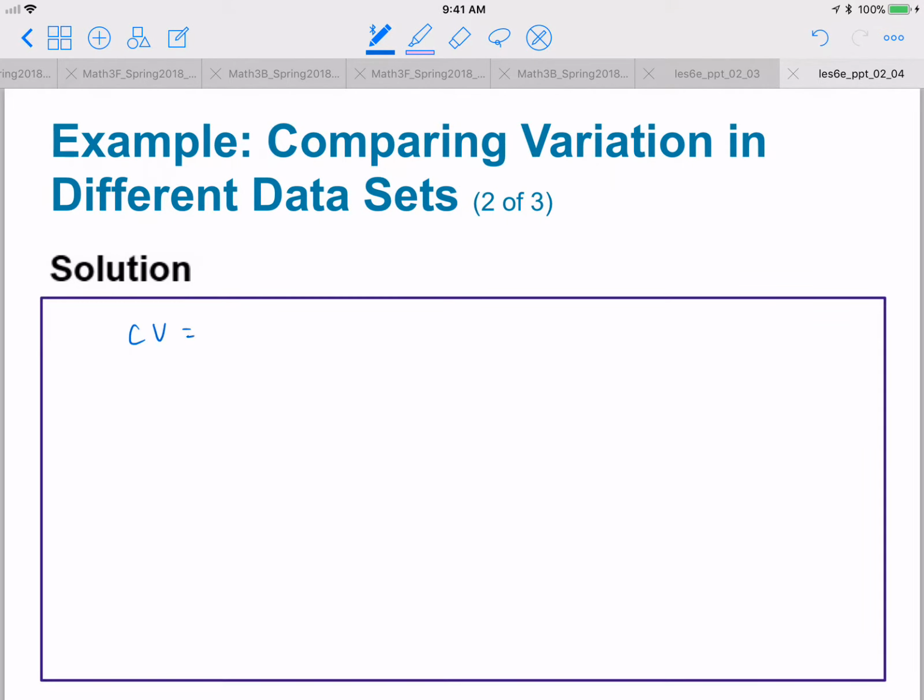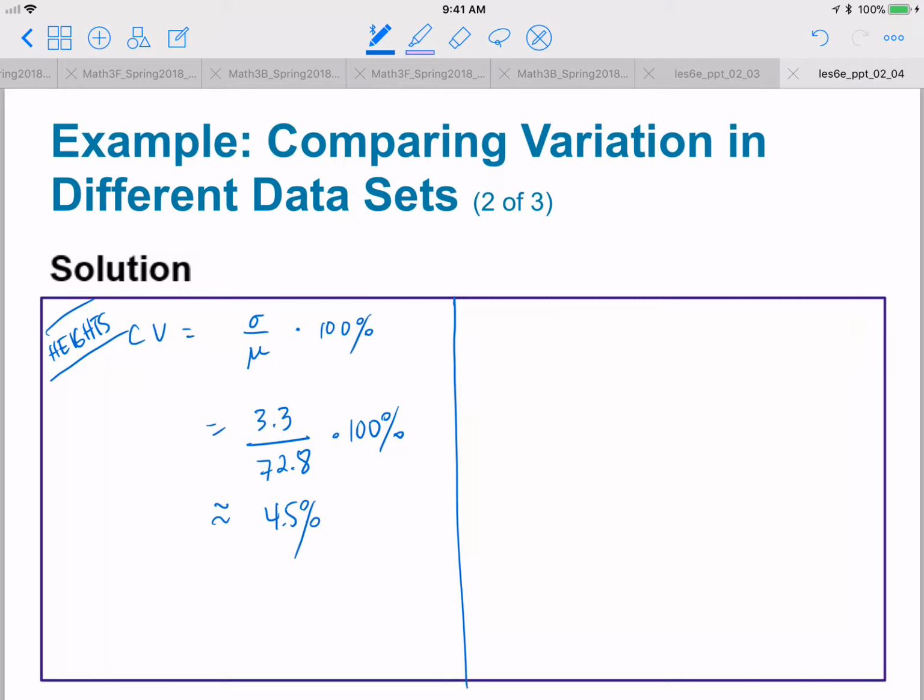Then you go to Stat, then go to Calc, and then go to 1-Var Stats, hit Enter, scroll down, and you should get 3.3 for your standard deviation, and you should get 72.8 for your mean. And when you divide and multiply by 100%, that should be about 4.5%.